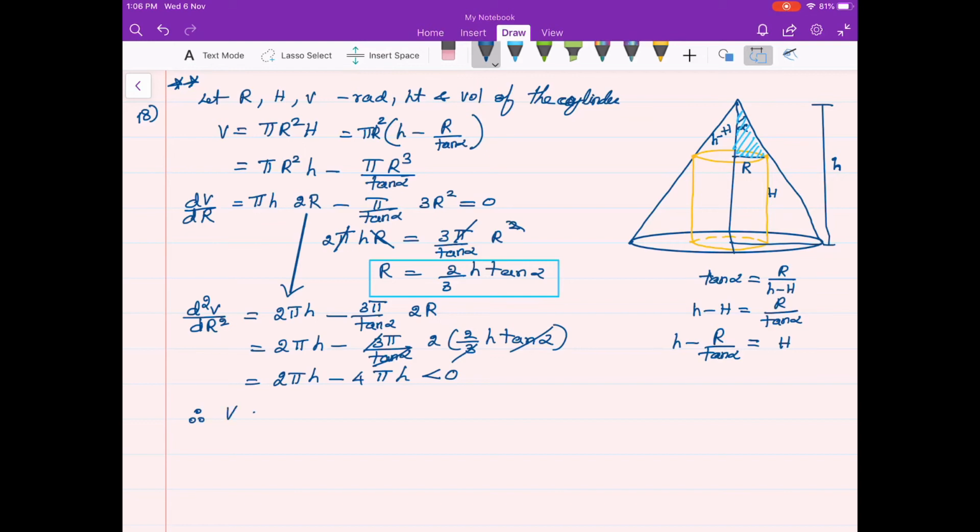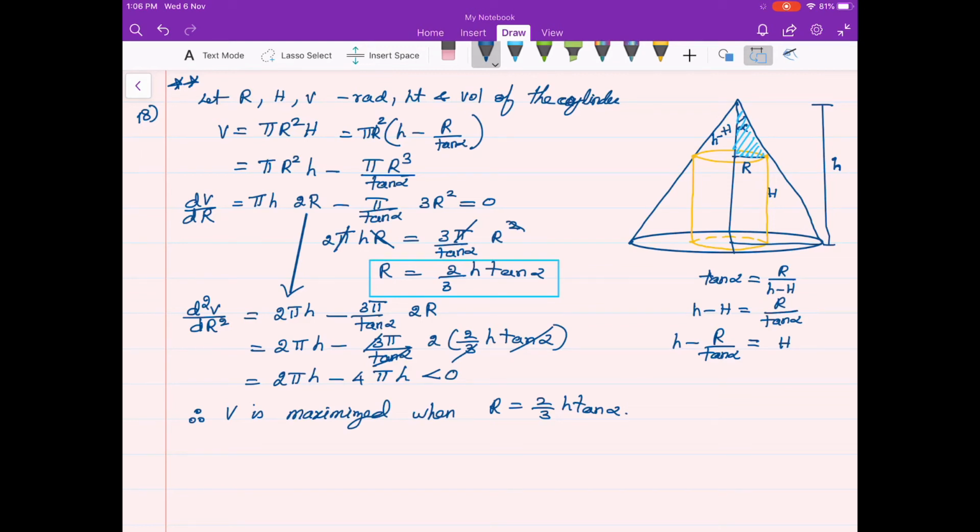Therefore, V is maximized when R is 2 by 3 h tan alpha.